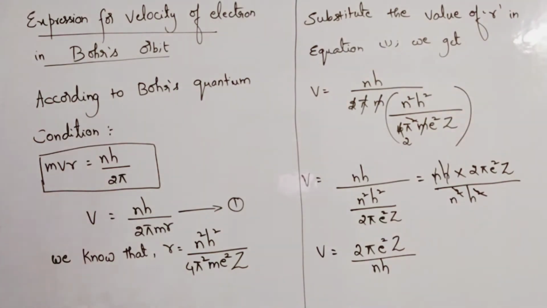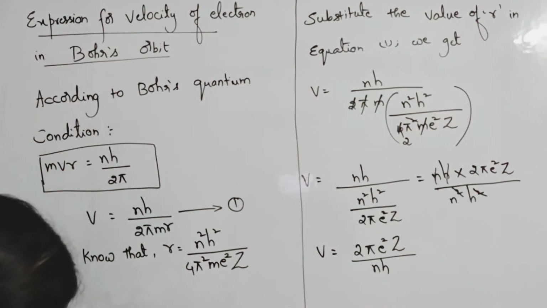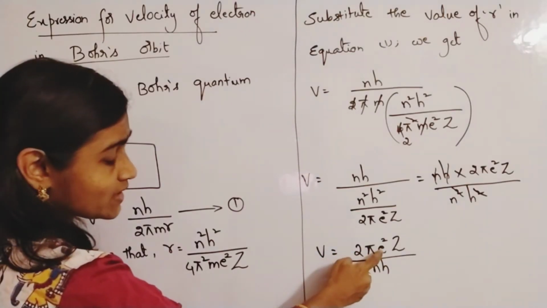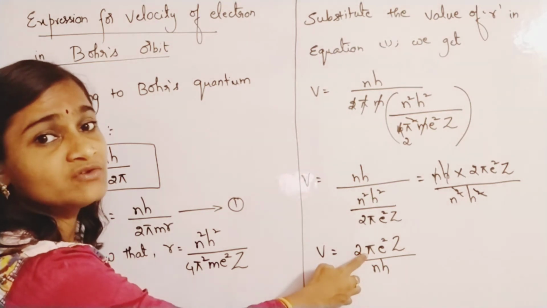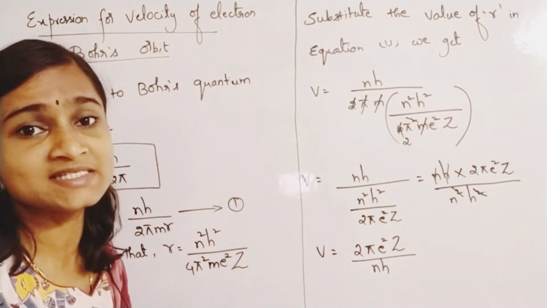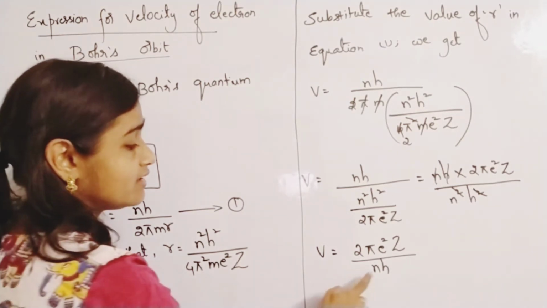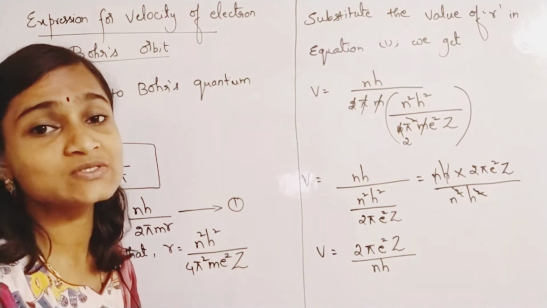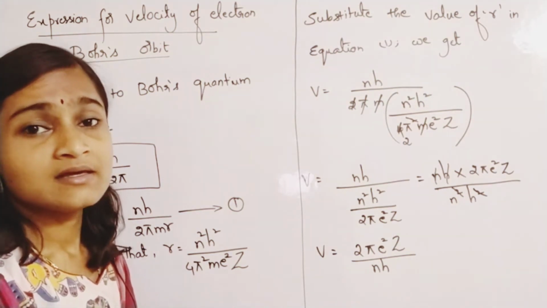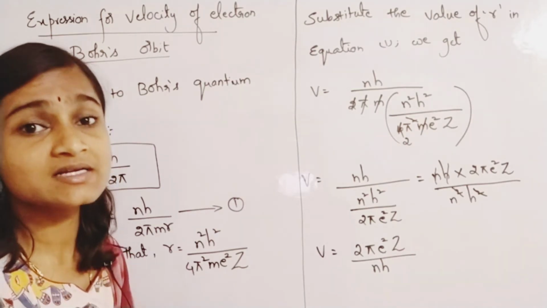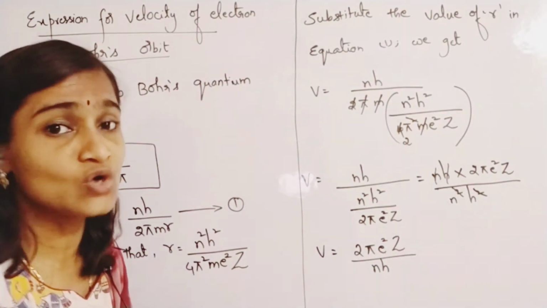Now in this we can substitute certain standard values. In 2 pi e square, pi is fixed at 3.14. The e value is 1.602 into 10 to the power of minus 19 coulombs. The h value is also fixed, that is Planck's constant, 6.625 into 10 to the power of minus 27 erg second or minus 34 joule second.